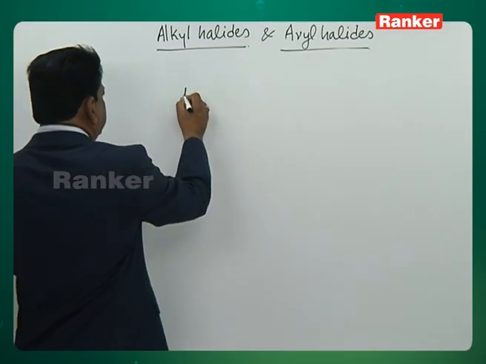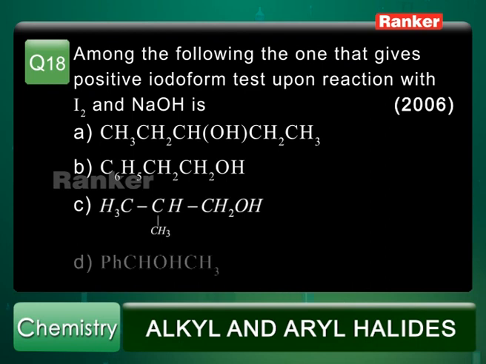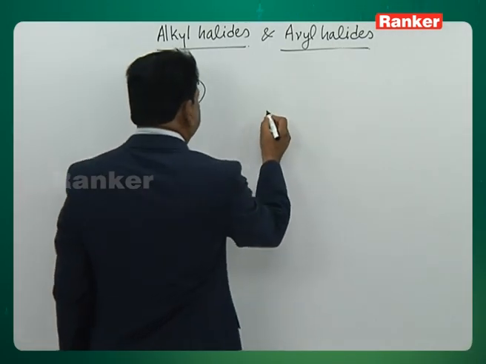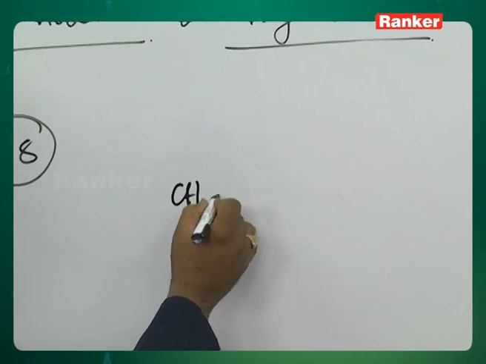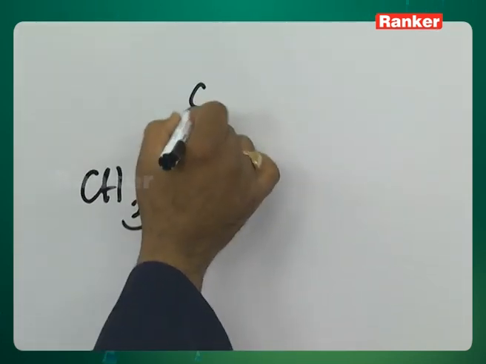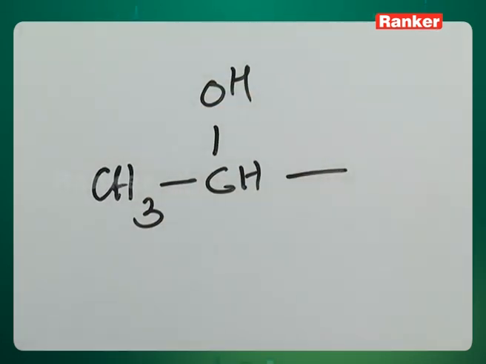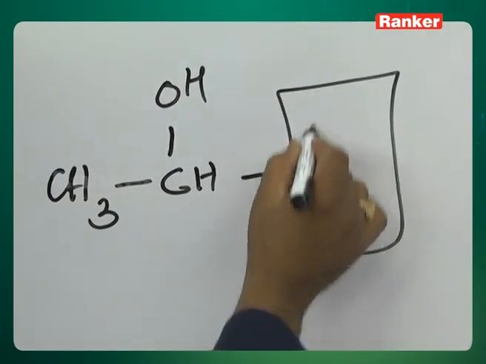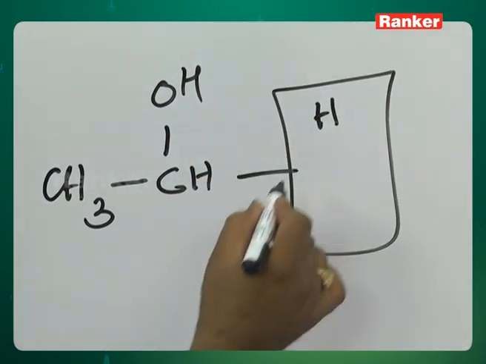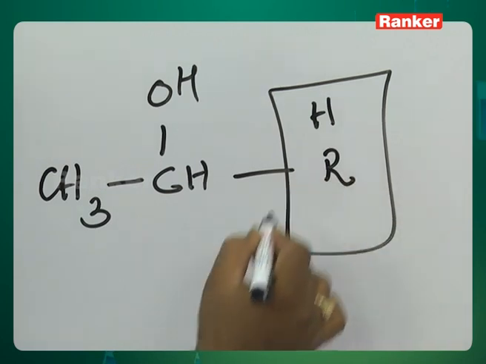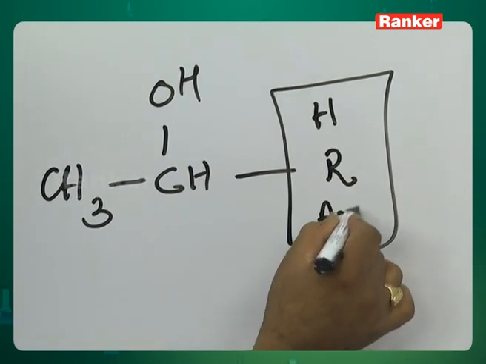So, let us go for the 18th question. Among the following, the one that gives a positive iodoform test upon reaction with iodine and NaOH, and it has given different types of alcohols. Let us go to the theory here. All the alcohols which have this type of function, on this side you can have an option, it can be hydrogen or any alkyl group or any aromatic group.